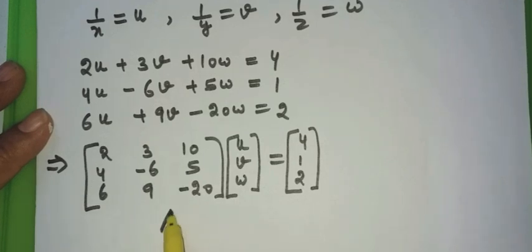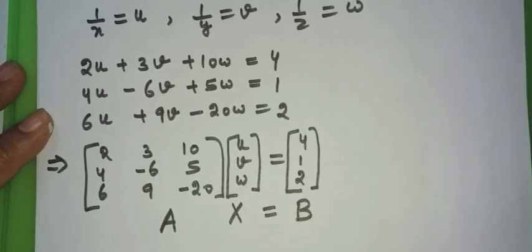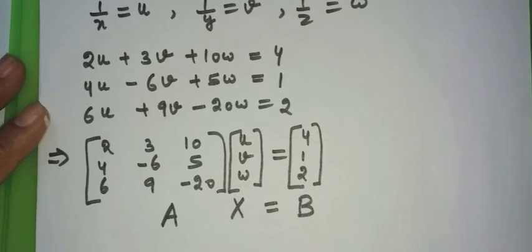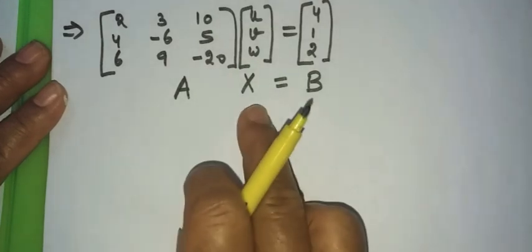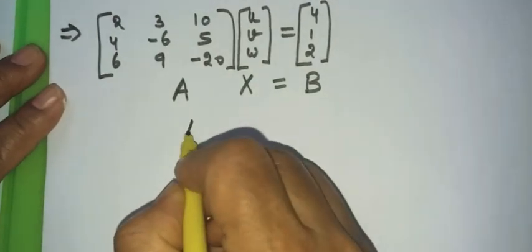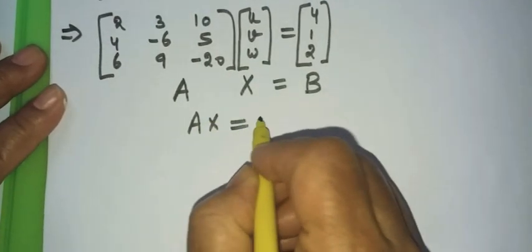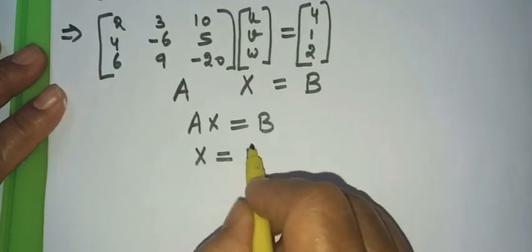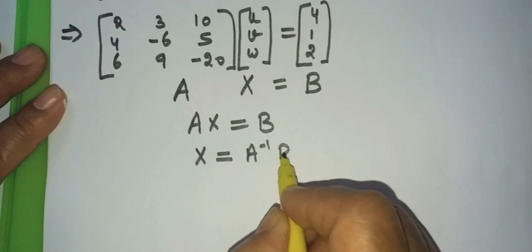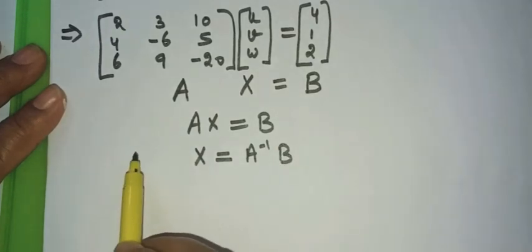So I can name this coefficient matrix as A, this variable matrix as X, and this constant matrix as B. Now my aim here is to find the value of the variable matrix X. So I have to use the matrix equation AX equal to B. We very well know that the solution of this matrix equation is A inverse B. How do we get A inverse B?